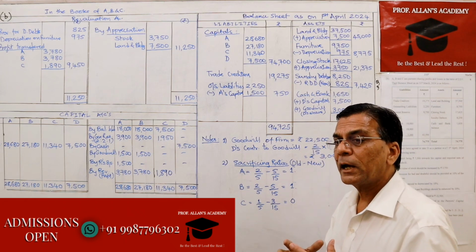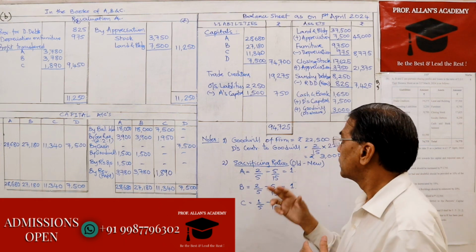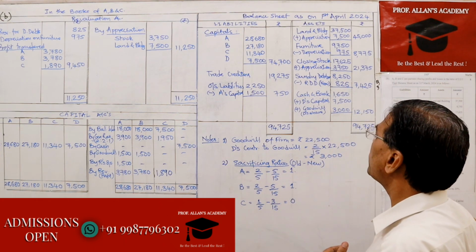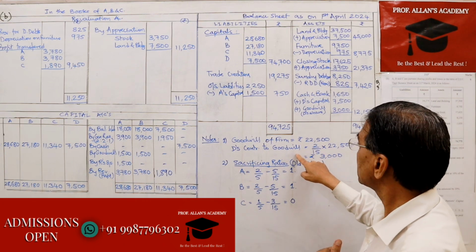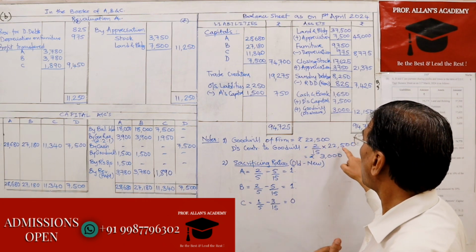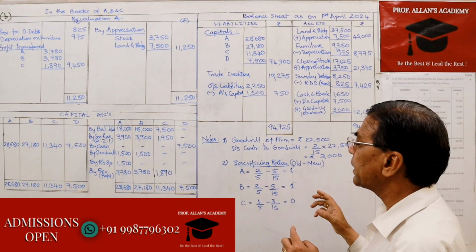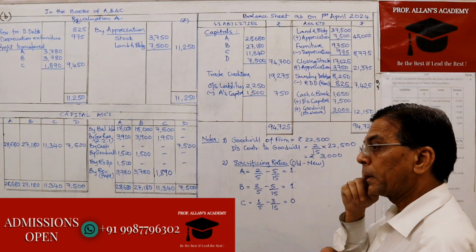So we will have to check only how much D will contribute. D is going to get a 2/15 share in the business. So 2/15 of 22,500 works out to 3,000. That means D will have to bring in goodwill of 3,000.